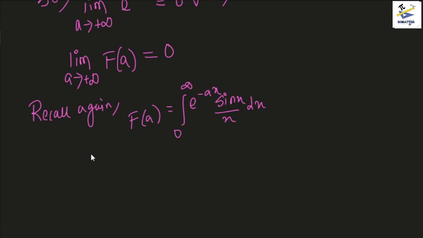So what we can do is differentiate both sides with respect to a. It's very important that we are differentiating with respect to a, where a is a variable, and by Leibniz rule of differentiation under the integral sign you would get something like this.